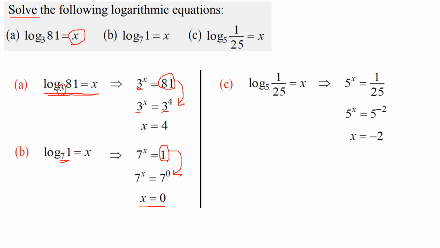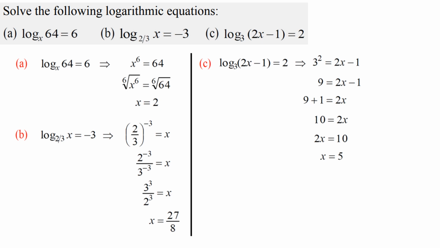So 5 power x equal to 1 over 25. And try to get it in the base format. So 1 over 25 we can keep like 5 power negative 2. Or here you can keep, what is 25? 25 is nothing but 5 squared. So 1 over 5 squared will become 5 power negative 2. So x is equal to negative 2.